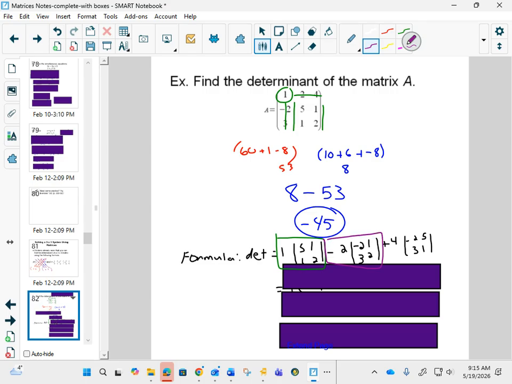Next, the one in the purple box takes the second number, ignores its row and column, and does the determinant of the numbers that are left, and the second one always has a negative sign. And follow this pattern.